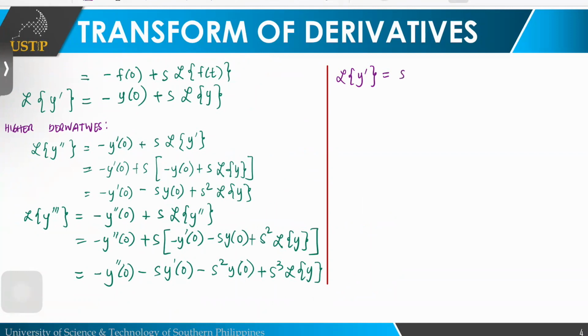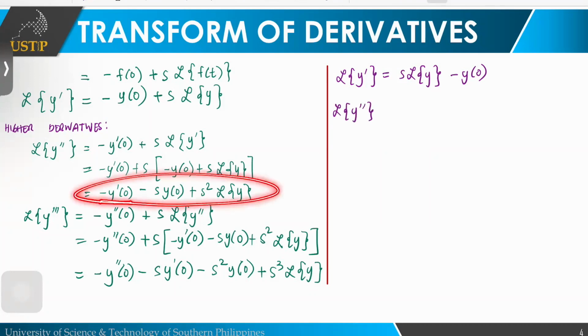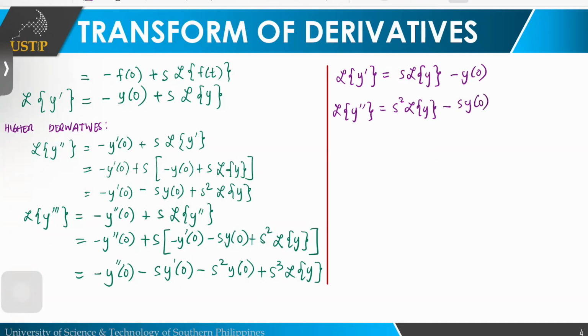Okay, so we have s Laplace of y minus y of 0. Okay, the Laplace transform of y double prime, which is this one. Okay, ito nang i-rearrange, that is s squared Laplace of y minus s y of 0 minus y prime of 0.